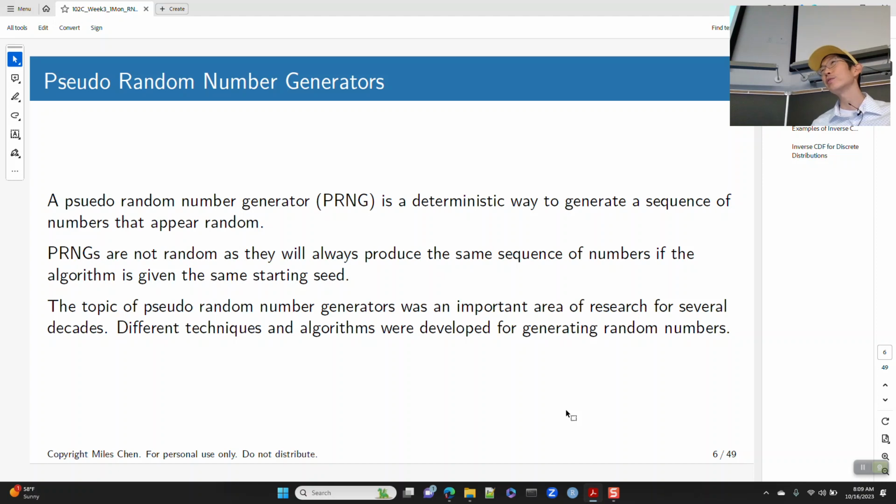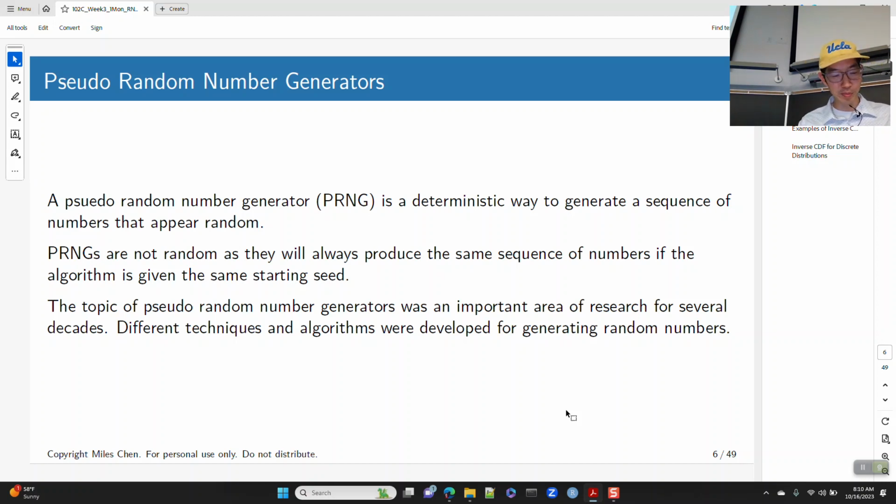We have a bunch of tests, like stress tests: if they're supposed to be random uniform and I generate a whole bunch of values, do they look like the uniform distribution? Does the number 5 appear just as often as the number 6 or something like that?